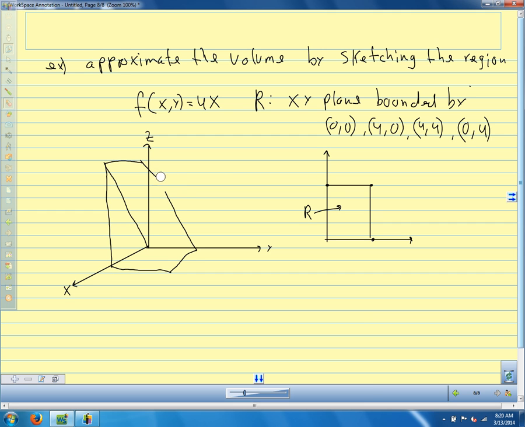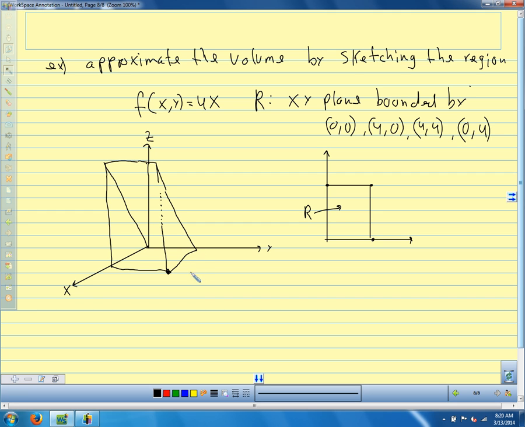And that's the corner there. So what is this solid? Is that like a wedge? It's like a wedge.